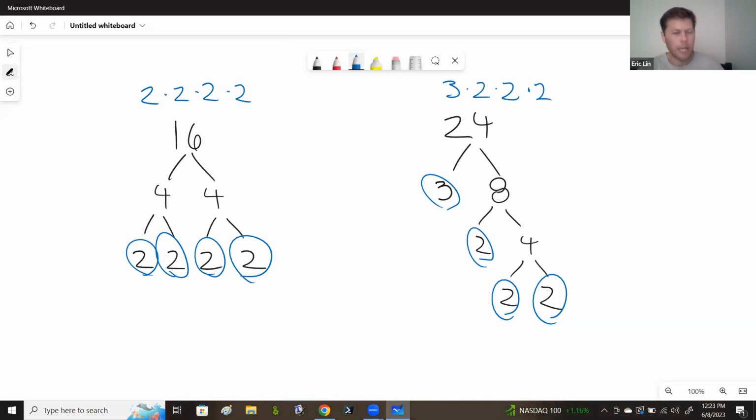Now, what we will often be asked in our algebra or pre-algebra classes is, can we find the greatest common factor of these two numbers? Greatest common factor is exactly what it sounds like. What is the biggest number that divides evenly into 16 and also divides evenly into 24?